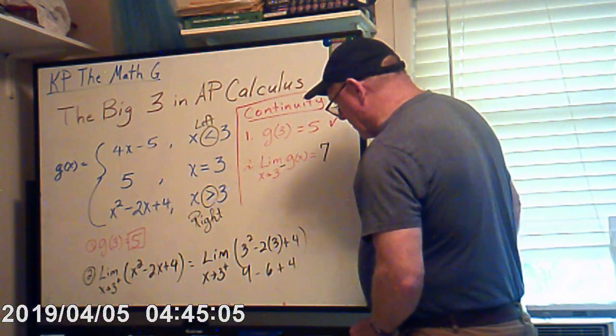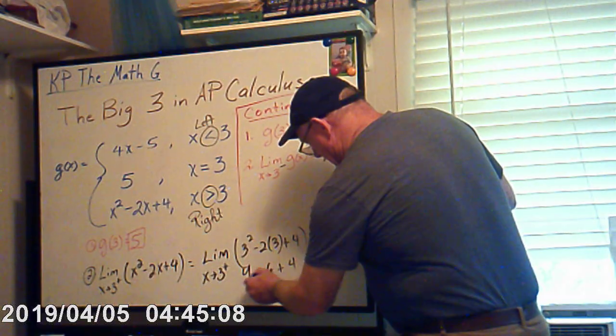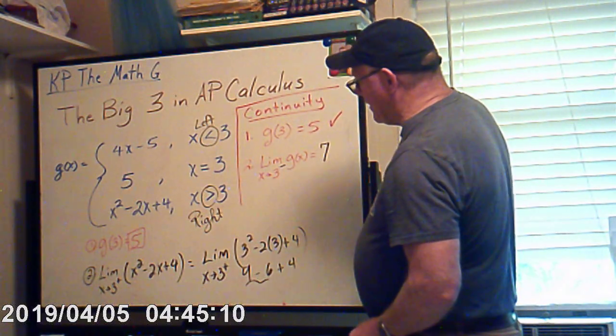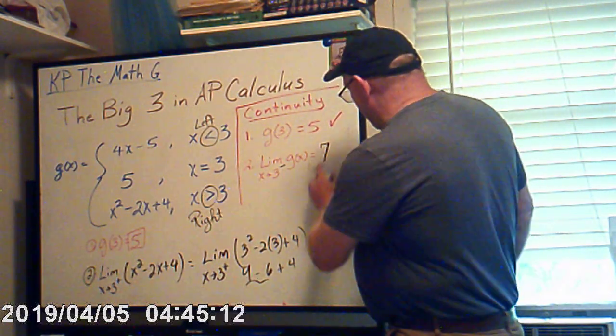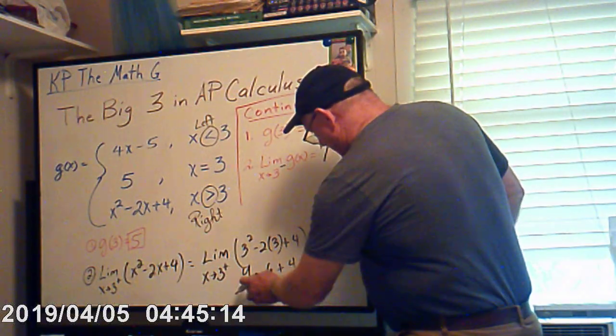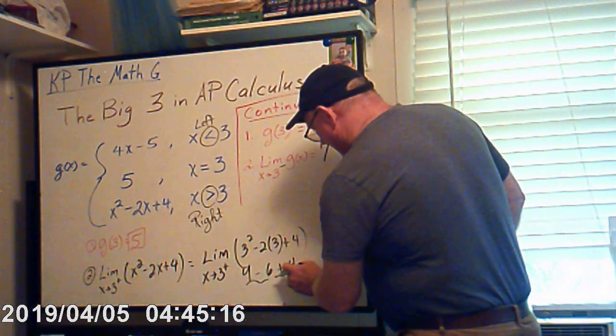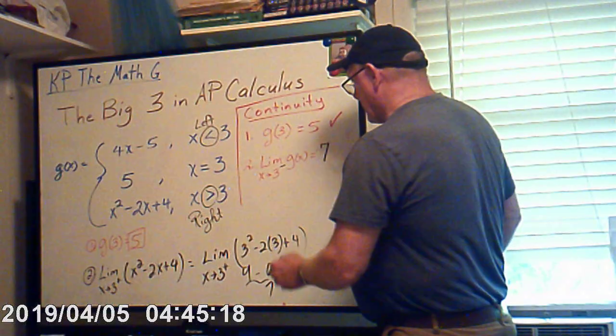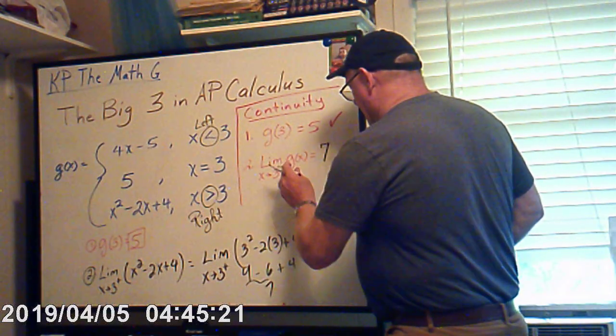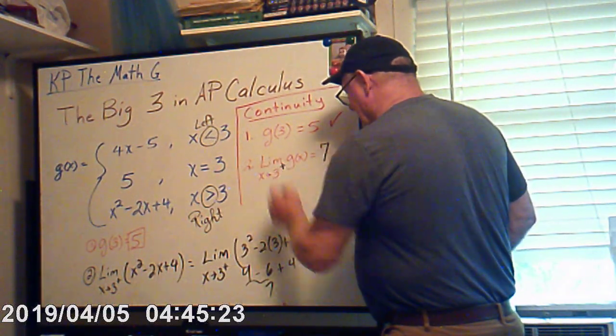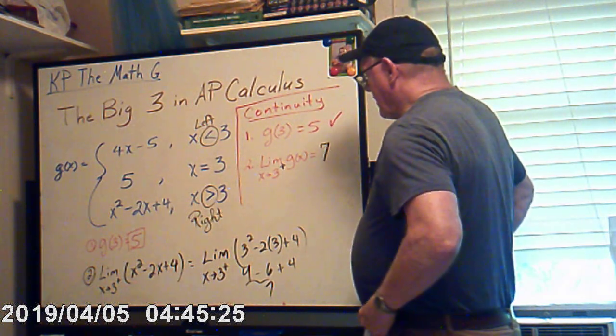I do think we got the same number here, don't we? 9 minus 6 is 3. 3 plus 4 is 7. So from the right, it's also 7.